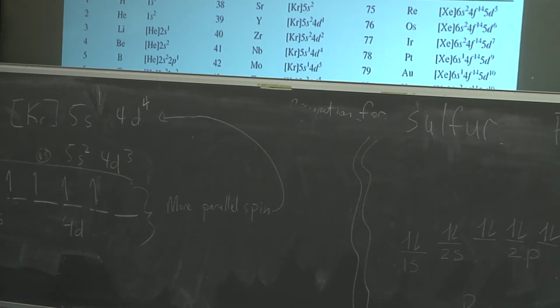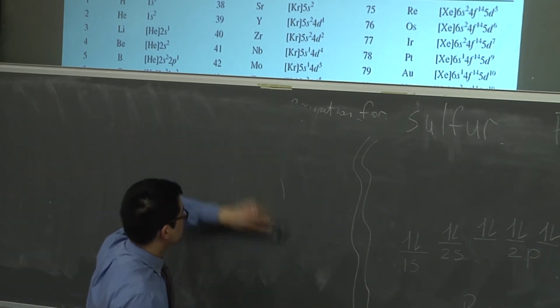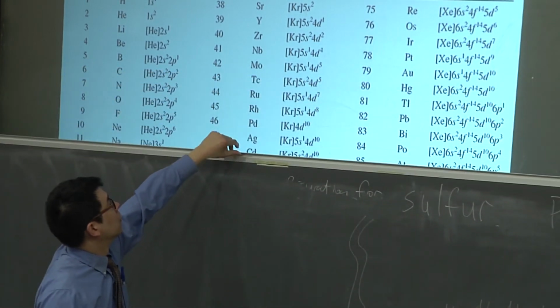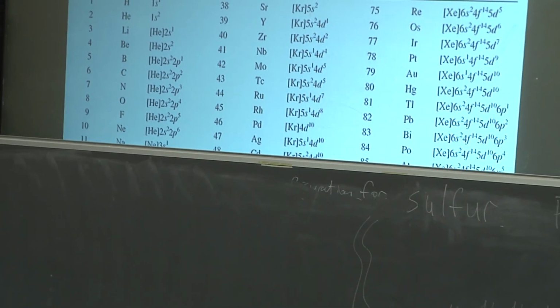So the ones we have to remember are this family over here, Cr, Mo, and W. So chromium, molybdenum, and tungsten.